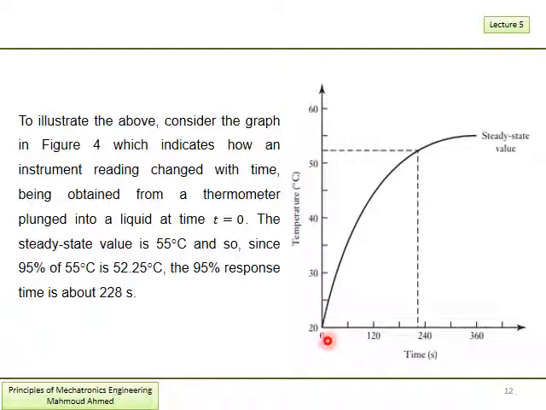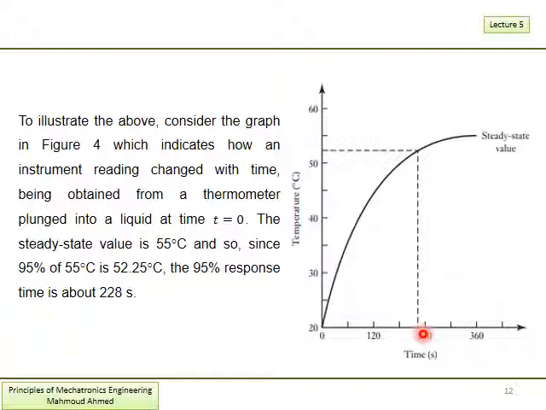At time 0, the steady state value is 55 Celsius, and since 95% of 55 is 52.25, the value here corresponds to 95% of the response.